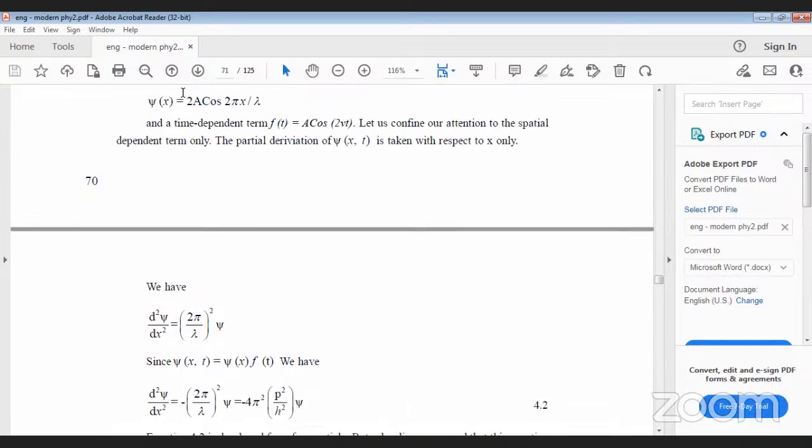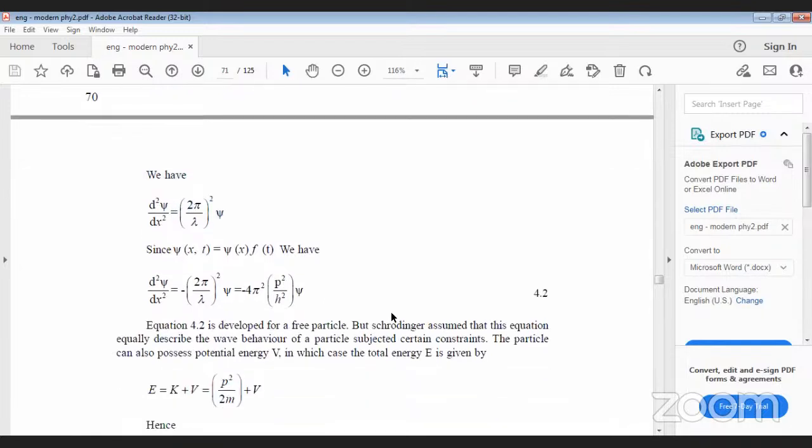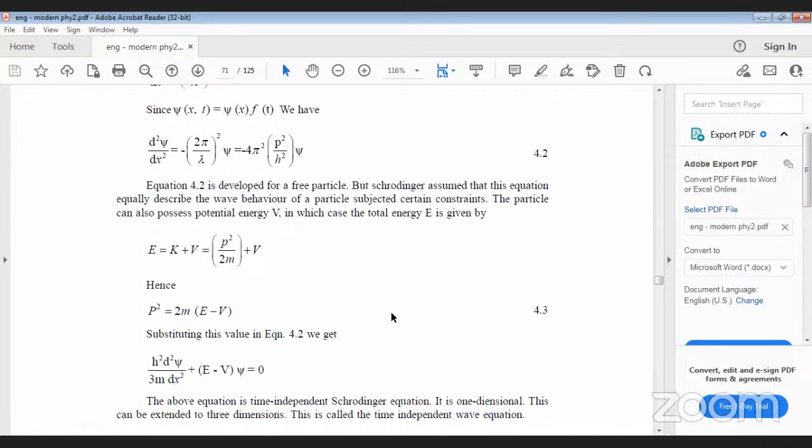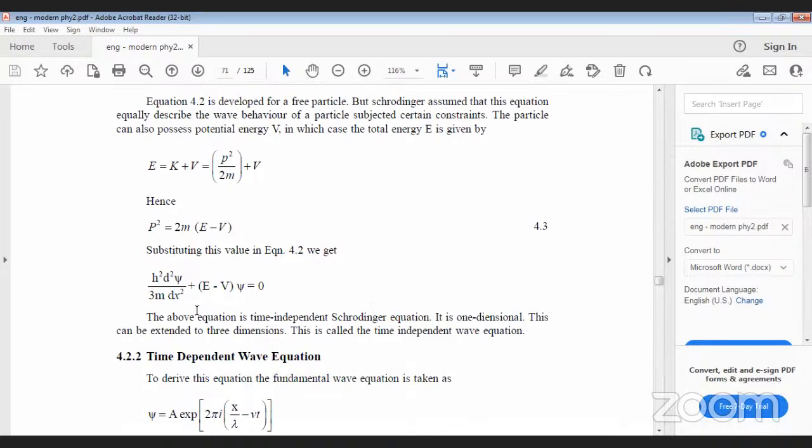So by differentiating this equation, d square psi by dx square with respect to position, you will get like this. After getting this, if you want to calculate the energy, h square by 2m plus potential energy, by simplifying and by substituting, you can have this equation. So this is called the time independent wave equation.